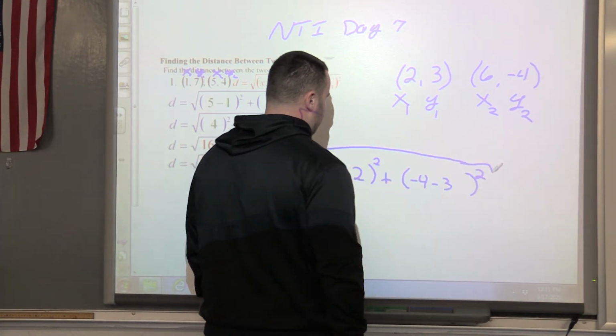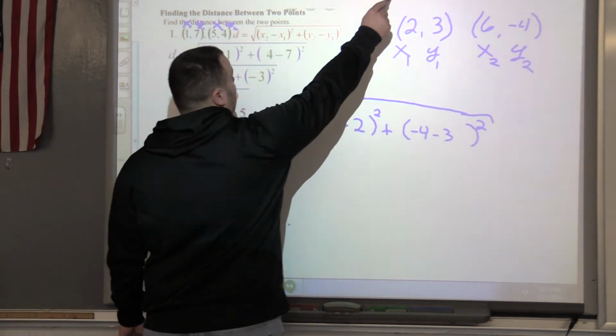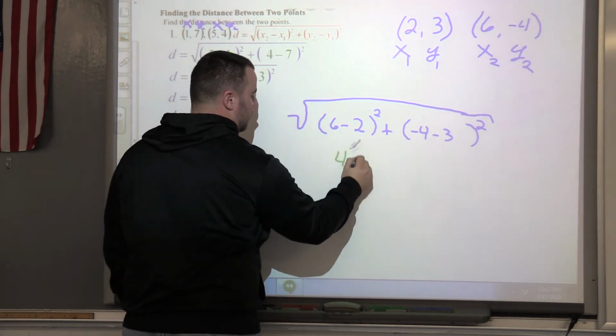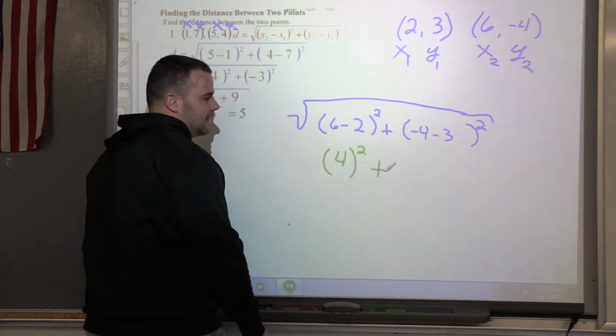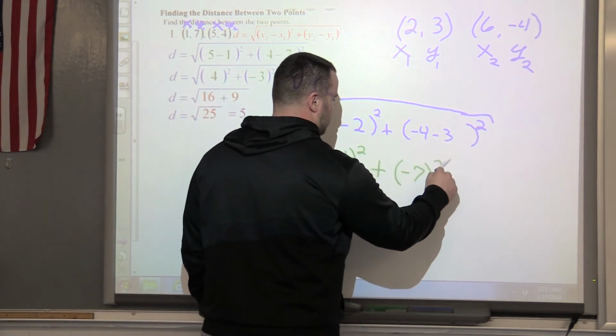Okay, so I'm going to do all that and figure out what's on the inside first, inside the parentheses. So when I do that, I'll change colors. I've got 6 minus 2, which is 4. So it's going to be 4 squared plus negative 4 minus 3 would be negative 7 squared.